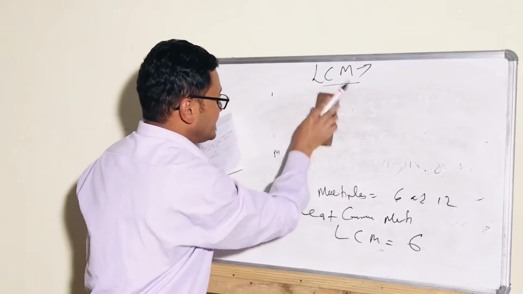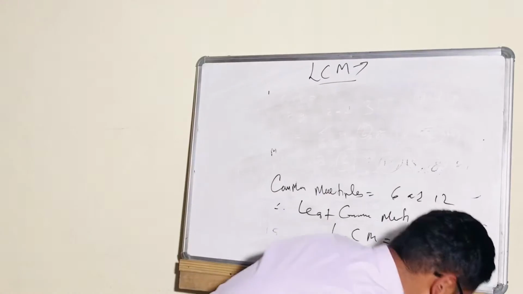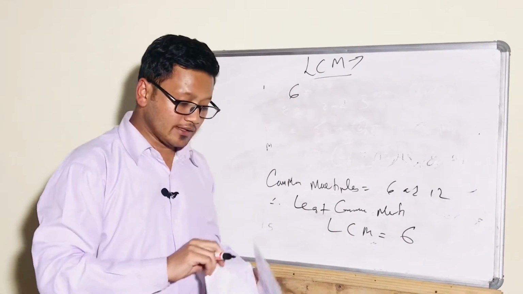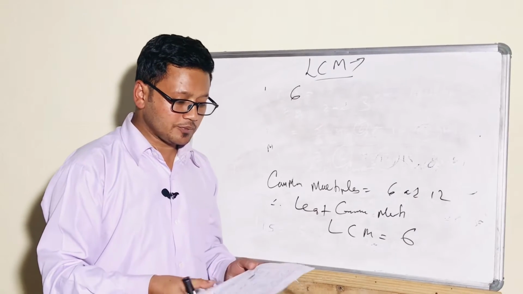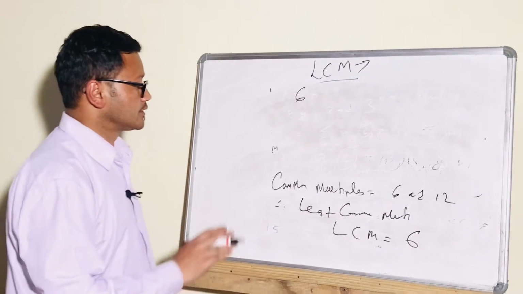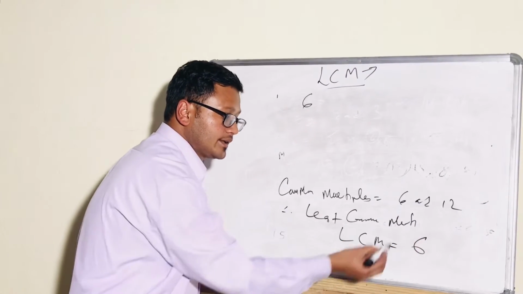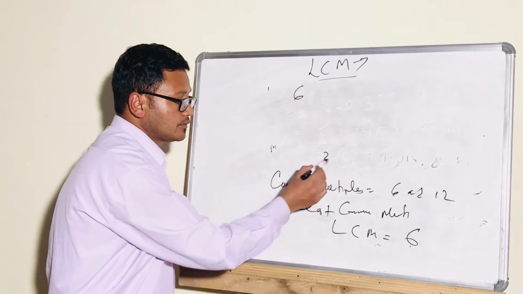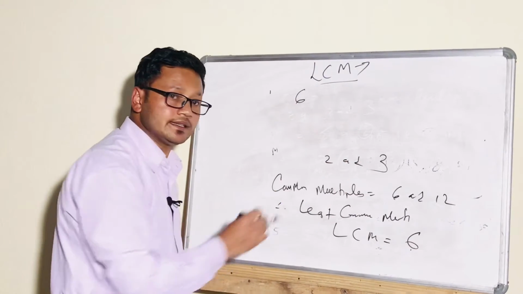Or we can say, in another word, LCM is the lowest possible number which is divisible by both the numbers. The numbers we took were 2 and 3.